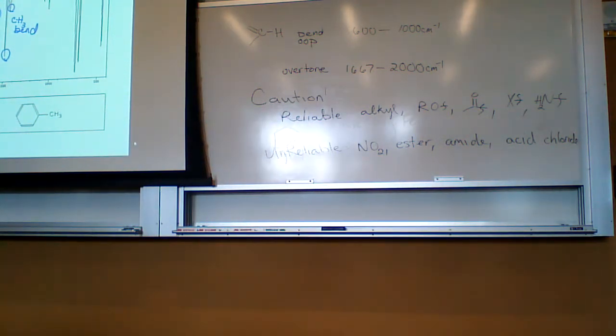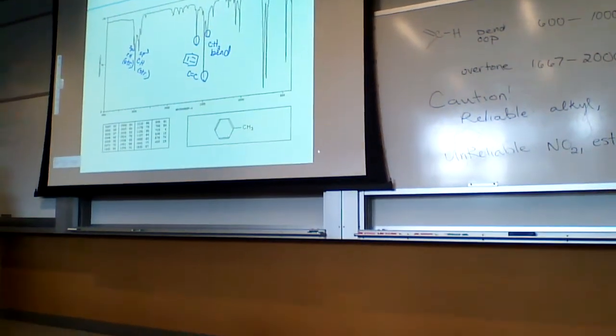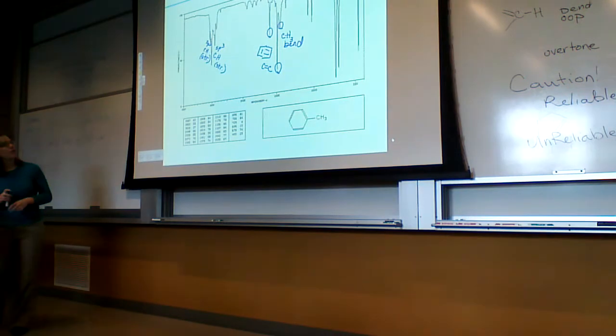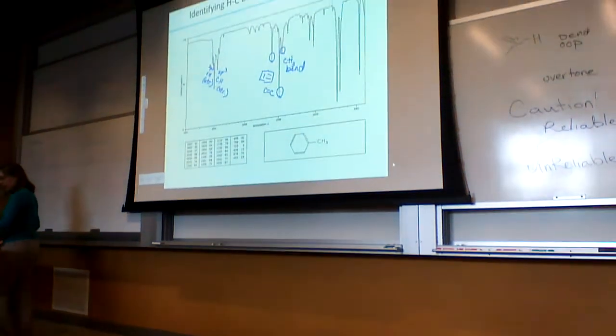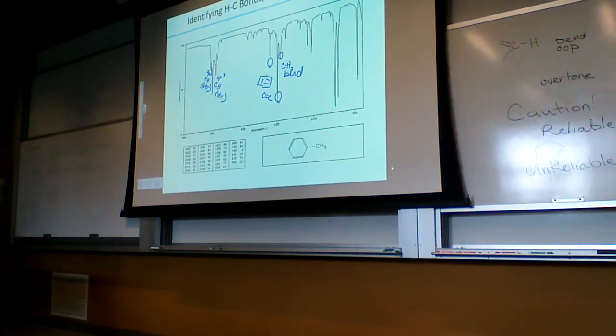On this one, we have an alkyl group attached to the aromatic ring, so this would be considered a reliable one. This can tell us, if we look at the bands here, we have two signals in the region that's 600 to 1,000, and then we have this pattern in our overtone of the CH aromatic region.